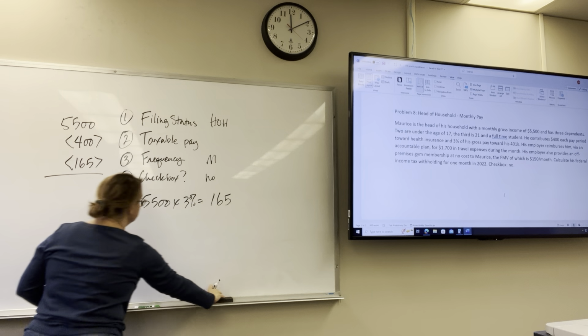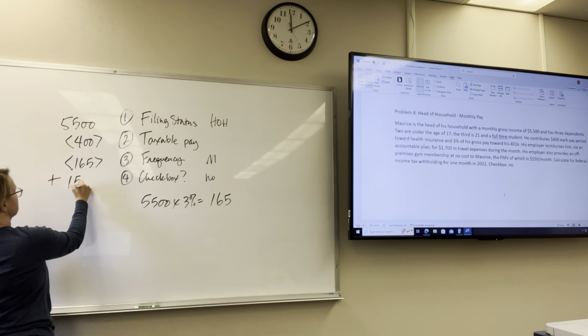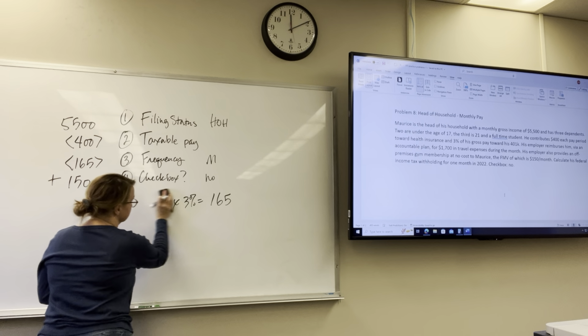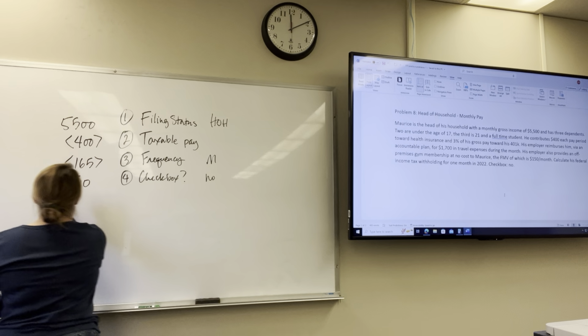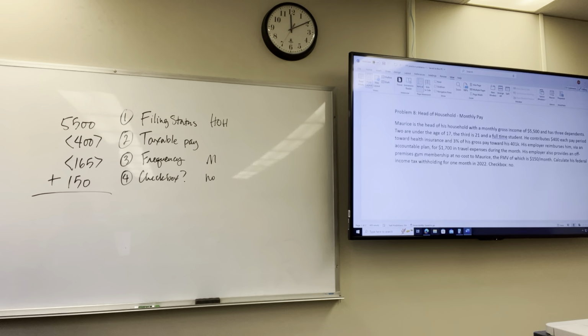For the 401k, whoops, I've got to add too, don't I? $150 for that gym membership. All right. $5,500 minus 400 minus 165 plus 150. Did I do that right? 5085.